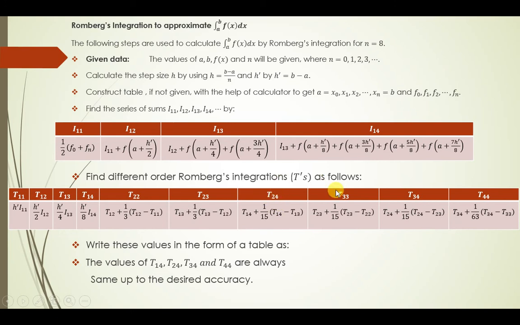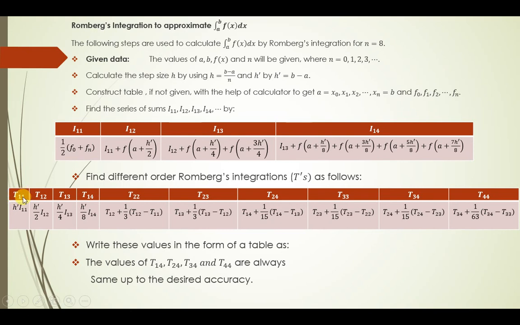Then start from t33 and extend the second digit up to 4. Then start from T44, and that is being extended up to 4. So the values of these T11, T12 and so on are given in this row. You see here in this row, these are the values for these Romberg's integrations.